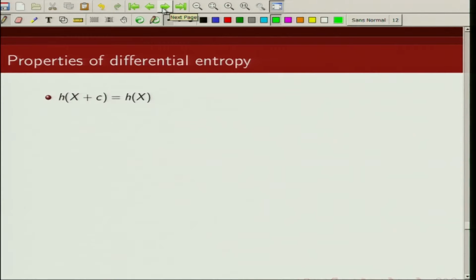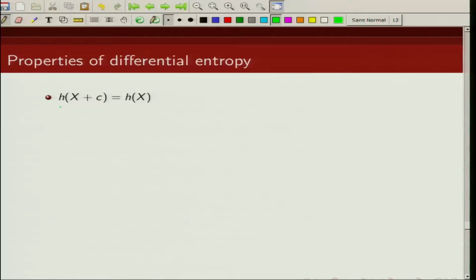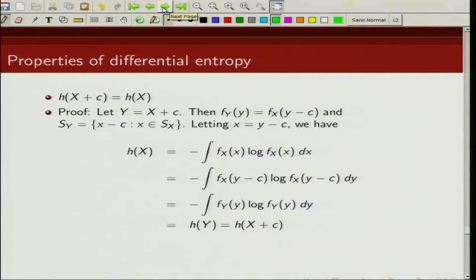Now we will prove some more properties of differential entropy. So translation does not change differential entropy. So differential entropy of x plus c is the same as h of x. This is straightforward to prove. So we have a new variable y which is x plus c.